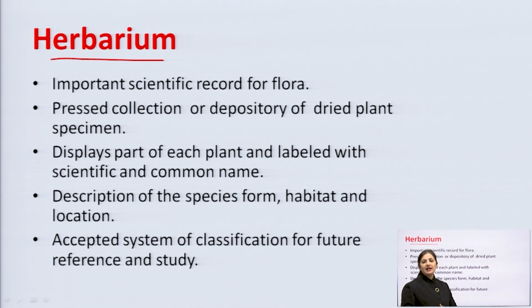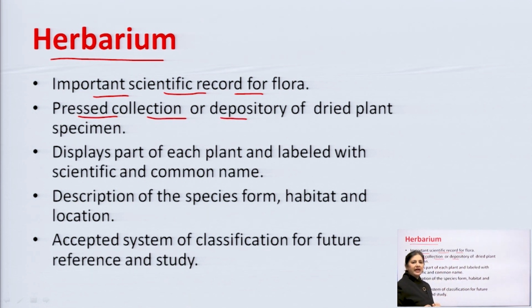So what is herbarium actually? It is an important scientific record for the flora. Flora means plants. It contains the pressed collection or depository of the dried plant specimen. हम plant के part को dry करते हैं. Dry क्यों करते हैं?